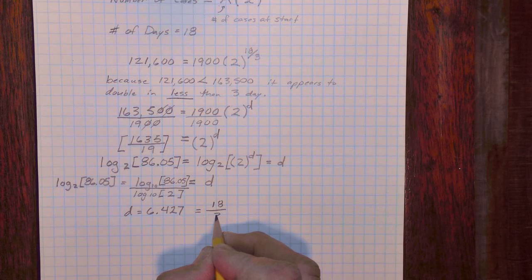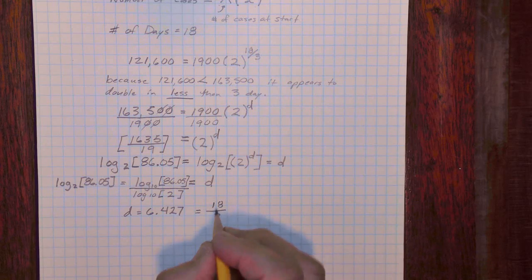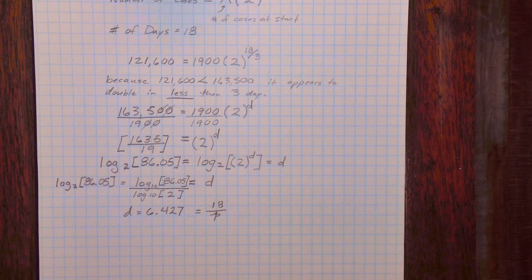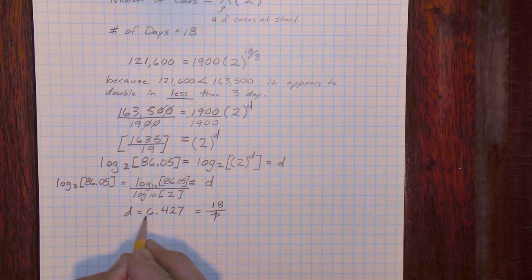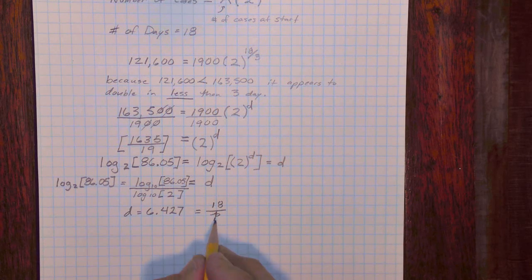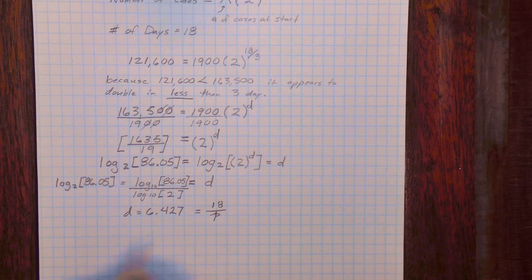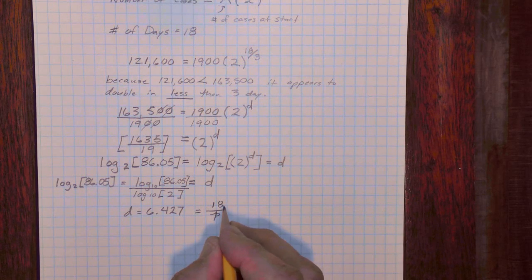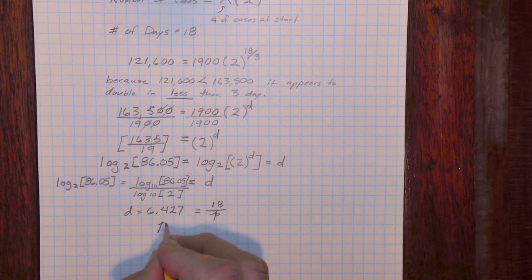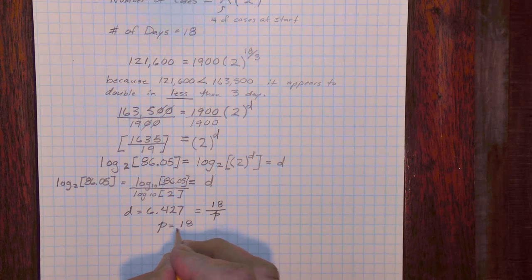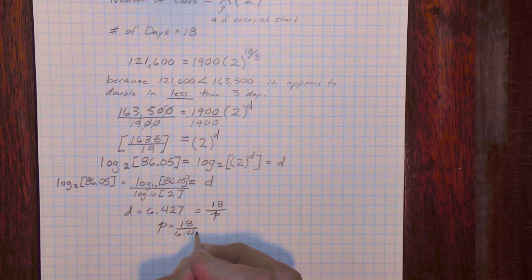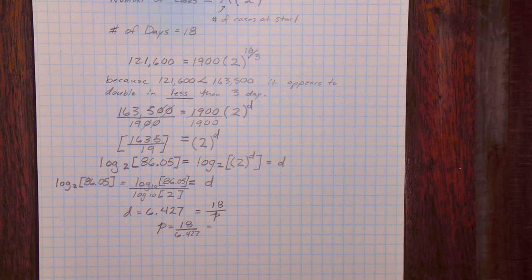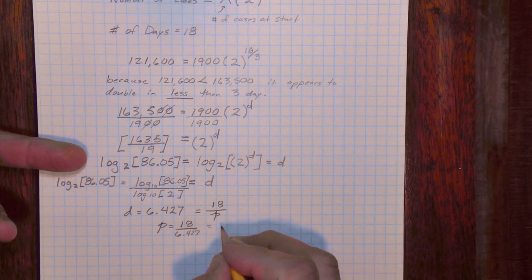And if we go ahead and call this one P for period, we'll solve for P. So D, that doubling number right there, represents the time interval of 18 days. That means P is equal to 18 divided by 6.427. And that's going to be, let's do our math real quick on the calculator, equal to 2.8, almost exactly.